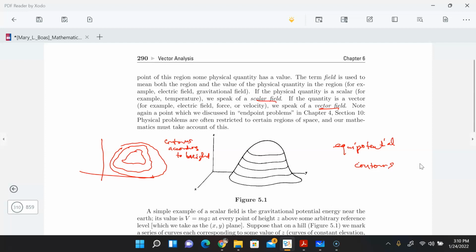You find that this would probably be the best direction here, because the spacing between the contours is much broader compared to over here, where this is probably the steepest. So we will be looking into those kinds of problems with vector calculus.